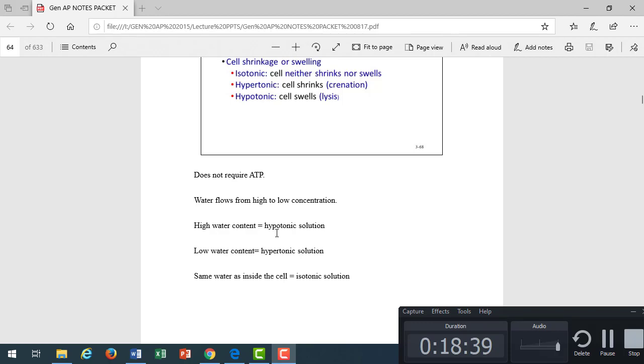It's high in water. So if I'm making Kool-Aid and I taste it and it's really watery tasting, that's a hypotonic solution compared to one where I add a lot of extra Kool-Aid and it's very sugary and sweet. That's a hypertonic solution. So it's low water content. There's a lot of stuff in there, a lot of solute, the stuff we dissolve in the water.